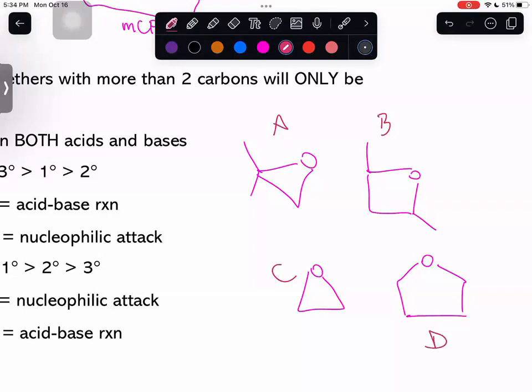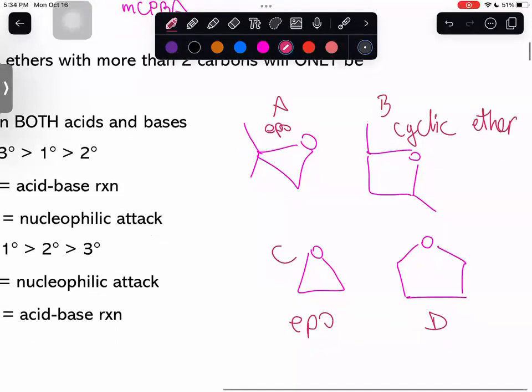Molecule A. Is that an epoxide or a normal ether? Exactly. As long as you see the triangle portion, this guy is your epoxide. Molecule B. Not epoxide. This guy is just a cyclic ether. Beautiful. We see a triangle, epoxide. D, not an epoxide, not a triangle. Exactly. You can have substituents on the triangle, okay?